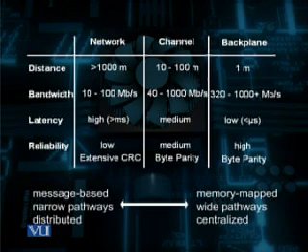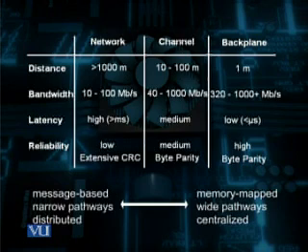Whereas, based on the bandwidth, networks basically are developed where the bandwidth is in the range of 10 to 100 megabytes per second, and the channels are used for 40,000 megabytes per second, and the backplanes have the bandwidth of 320 to 1000 plus megabytes.